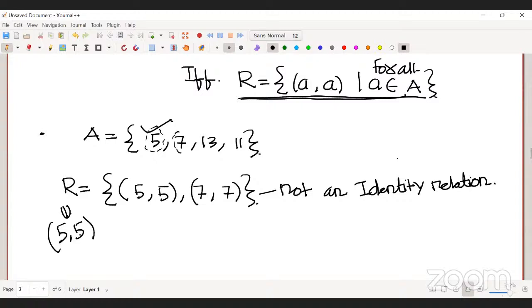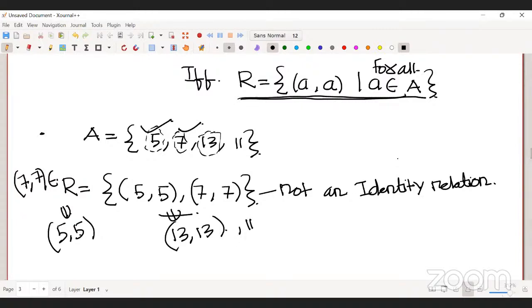What about the second? (7, 7) is also in R. Sir, if there had been (11, 11) and (13, 13), then it would be an identity relation. Yes, correct. So this condition holds for 7, but it doesn't hold for 13, because (13, 13) is not in R. Similarly, (11, 11) is also not in R. So this condition doesn't hold for 13 as well as for 11. That's why R is not an identity relation.